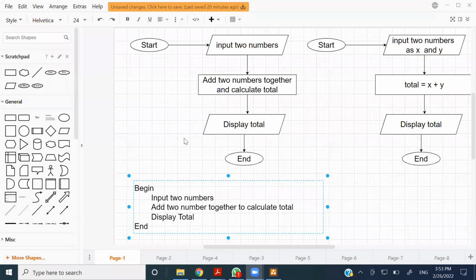Okay, right. So after the note, you may write your question like this.